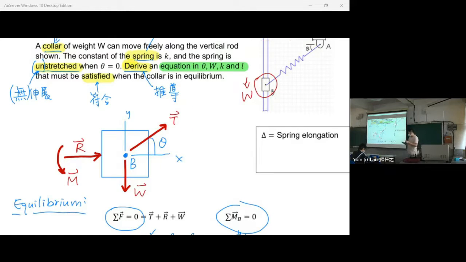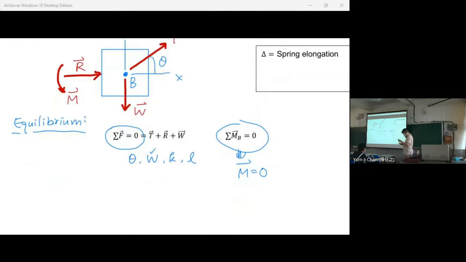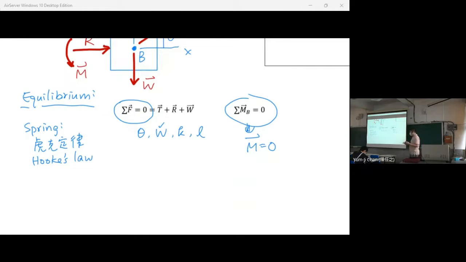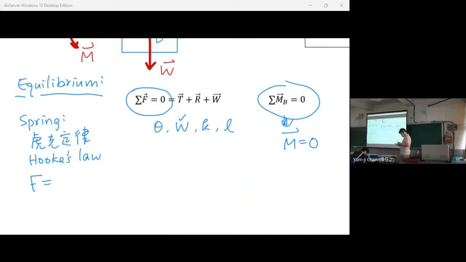And you have learned it probably from junior high school, for springs, what do we have? We have Hooke's law. Very good. What does it say for a spring? F is equal to K delta.